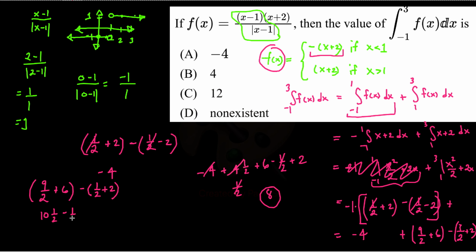Minus a half minus 2. So minus a half cancels, 10. This is 8. So what did I do wrong here? I don't know. So the halves cancel. 10.5 minus a half is 10. Minus 2 is 8. So I got 8 for this one. And I'm adding these two together. So -4 plus 8 is 4. And my choice is B, 4.